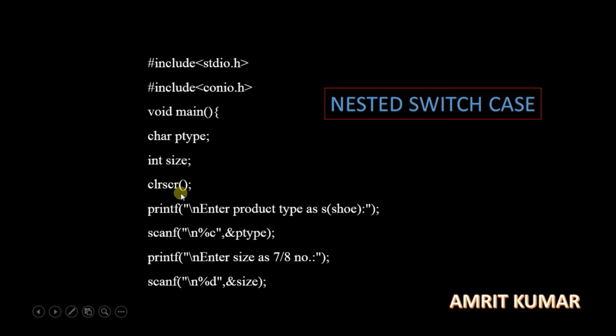Then I have used the printf function, which is used to display a message on the screen. It is an inbuilt function under the stdio.h header file. So I am printing the message: enter product type as shoe. After printing this message, how can I get that product type?